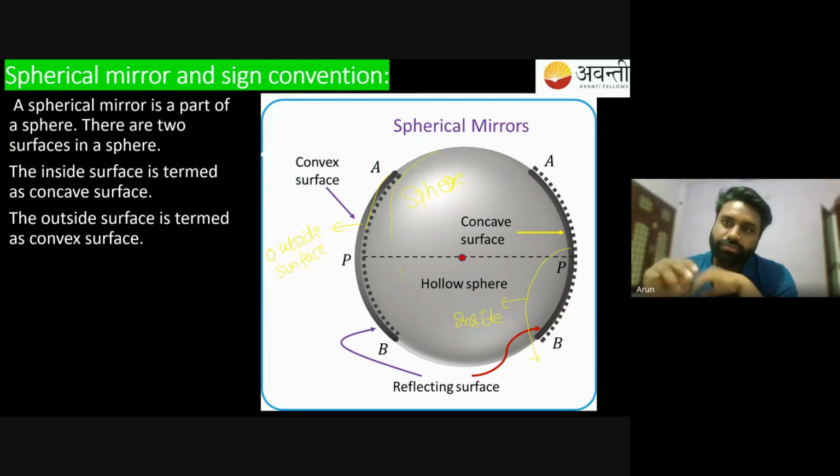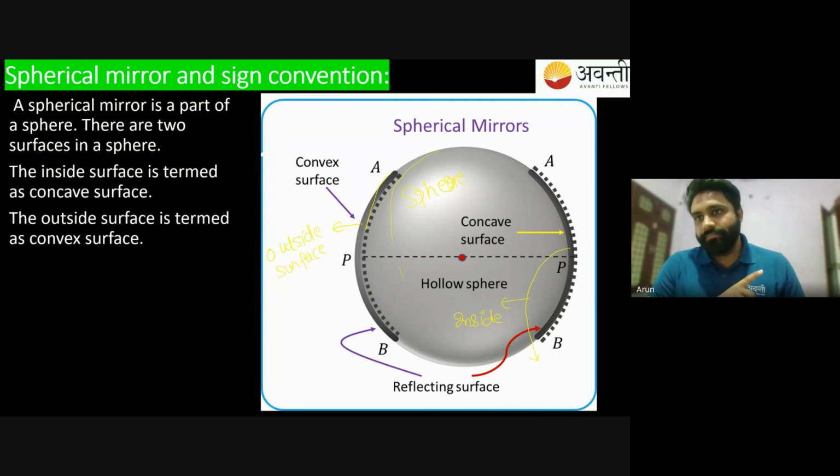Based on these two surfaces, we have two kinds of spherical mirror. To make any glass a mirror, we have to polish one surface. That process of polishing or silvering is termed as the silvering of this.